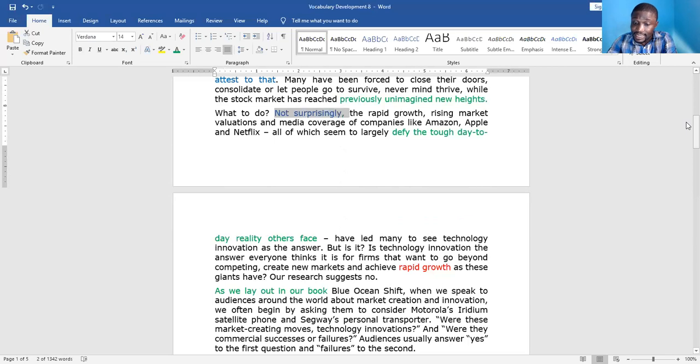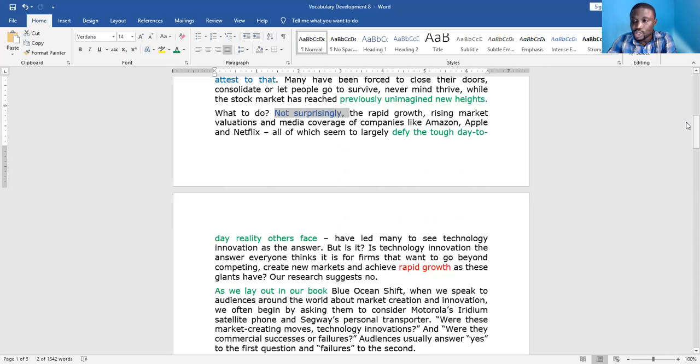But is it? Is technology innovation the answer everyone thinks it is for firms that want to go beyond competing, create new markets, and achieve rapid growth as these giants have?